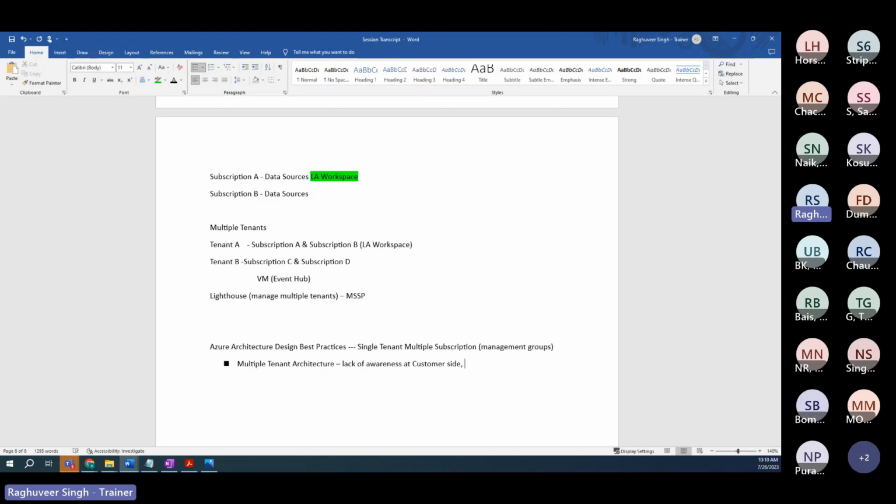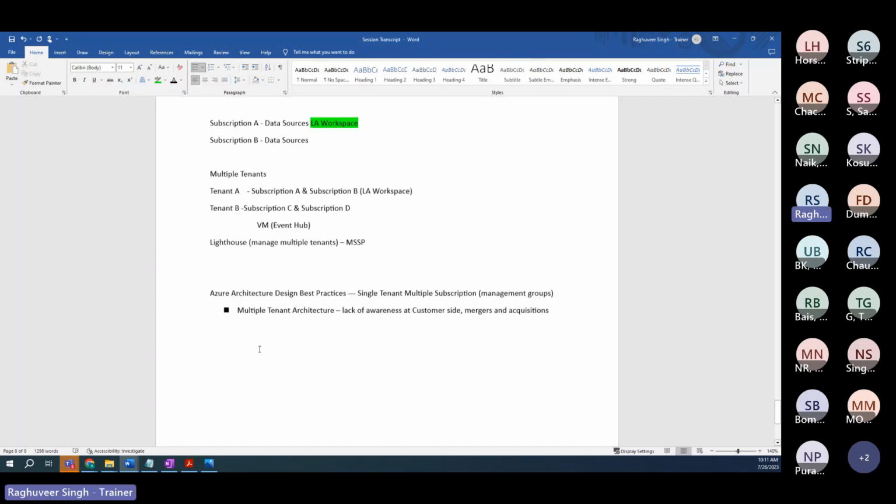That's the first scenario in which multiple tenant architecture exists. Lack of technical awareness, technology awareness at customer side. And second is mergers and acquisitions. When your company acquires another company who is already using Azure, definitely they have their own tenant, you have your own tenant. So you will end up merging their tenant with yours, or you will end up managing both the tenants as separate entities. So these are the two scenarios wherein you will end up doing multiple tenant architecture.